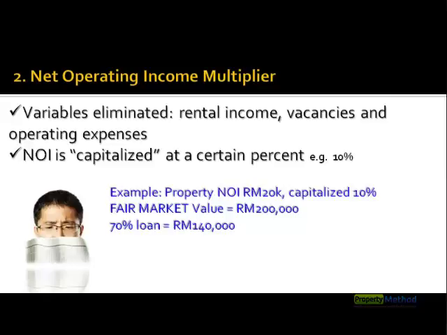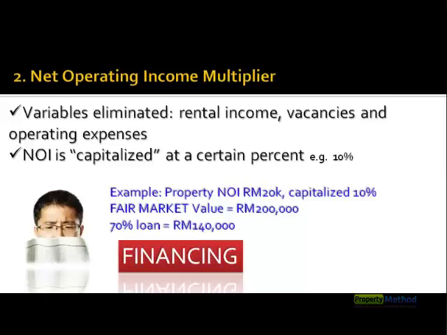In other words, banks still have to rely on current market information to justify the multiplier they use in the valuation process of a property. And the only variable that can change the accuracy of this formula is the financing. Because as we know, financing can completely change the bottom line income. What looks like a good investment based on the net operating income can turn out to be a poor one if the monthly installment or the mortgage repayments are excessively high.